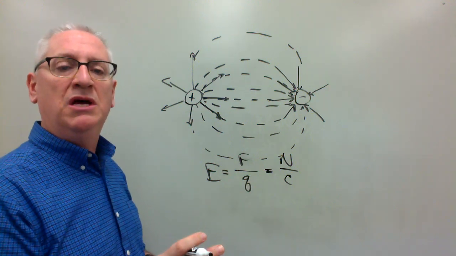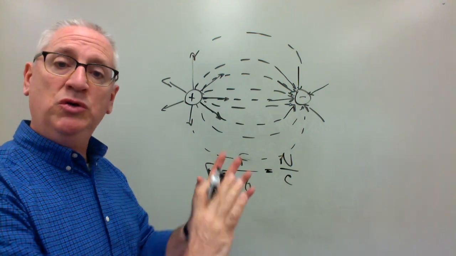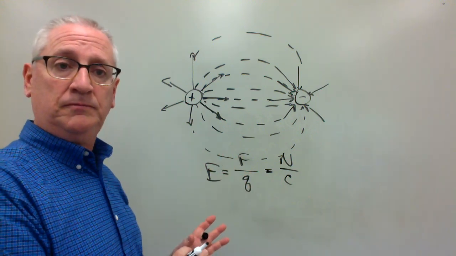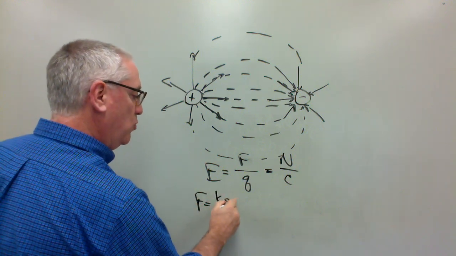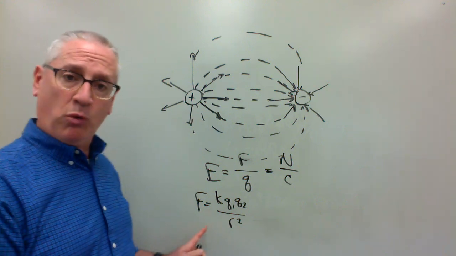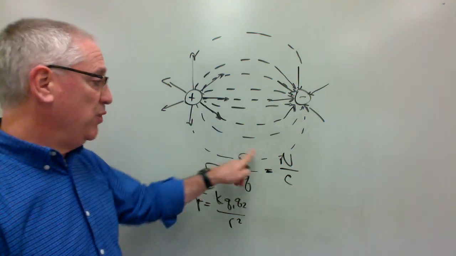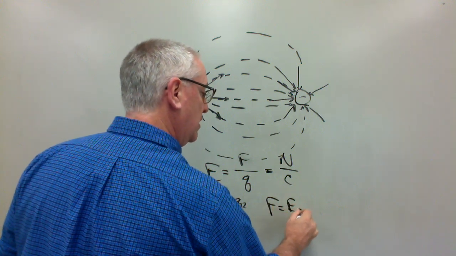Now this becomes very interesting if we take into account Coulomb's law. We have F equals K Q1 Q2 over R squared as force. I could rearrange this to force equals EQ.